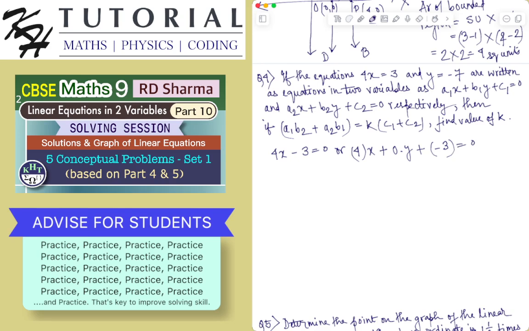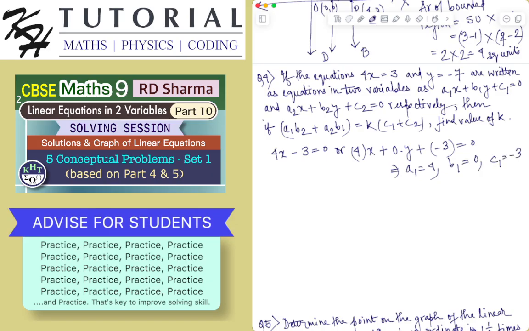Now it is given that the equation 4x equals 3, when written as an equation in 2 variables, is a1x plus b1y plus c1 equals 0. So this implies that a1 is equal to 4, b1 is equal to 0 and c1 is equal to minus 3.